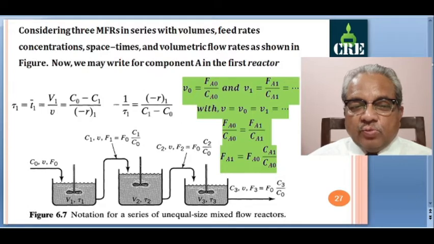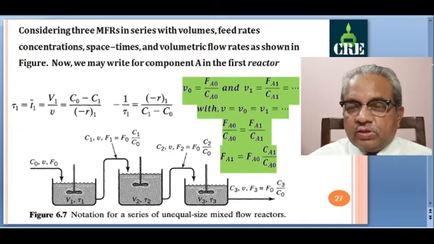At steady state, volumetric flow rate is constant. Whatever is entering here, the same is leaving from the last reactor. So for component A in the reactor, we know these definitions. V0 is FA0 by CA0. You can write V1 as FA1 by CA1.